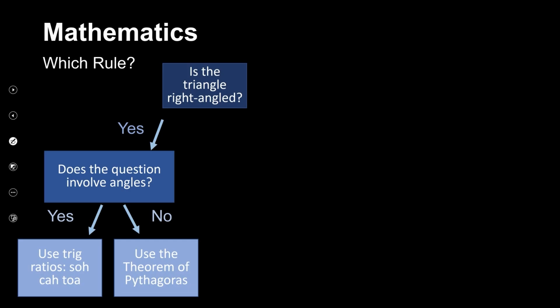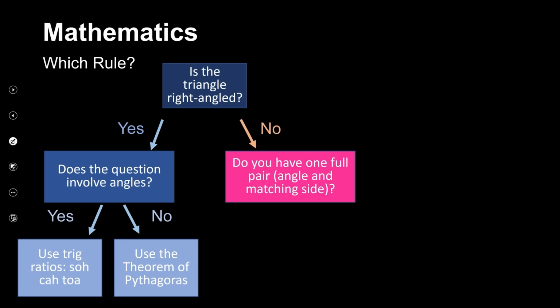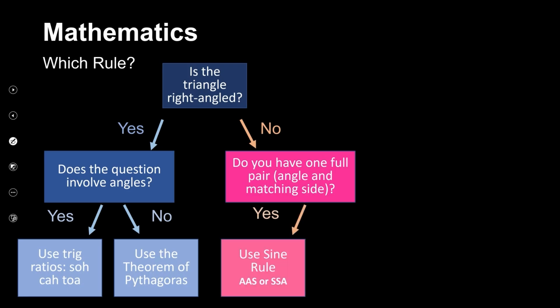Right, so this was grade 10 work. Now we get to the grade 11 work. If the triangle is not right angled, then we've got to ask, do you have one full pair, that means an angle and its matching side, the side across from it? If you do, then that's the green light for the sine rule.